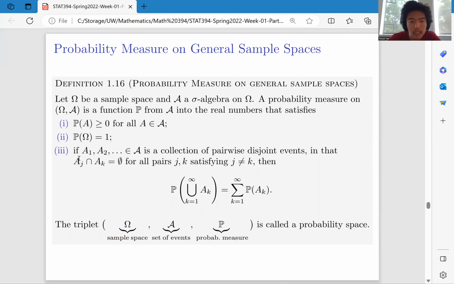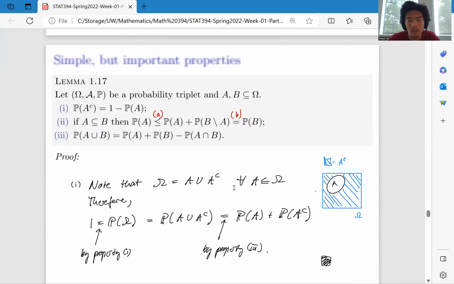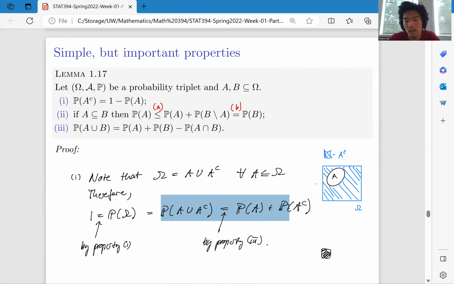Property 3 means that for the union of many disjoint sets, the probability is equal to the sum of their probabilities. So we can write this term as the sum of the two terms. And luckily, we can remove all the things in between and just say 1 is equal to P(A) plus P(A complement).